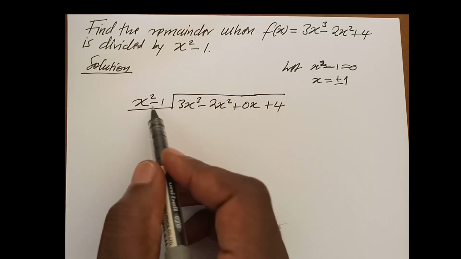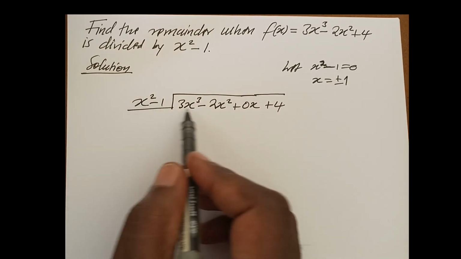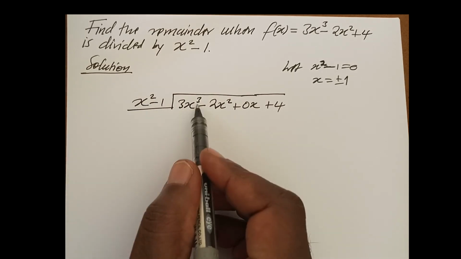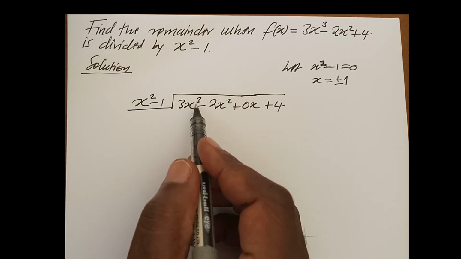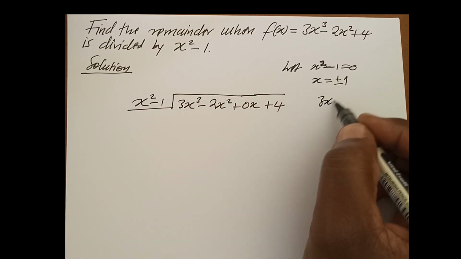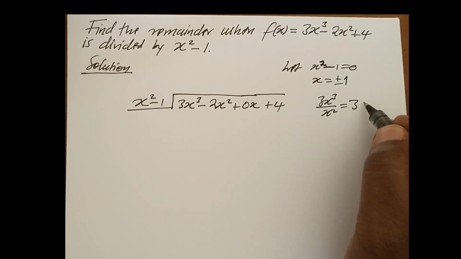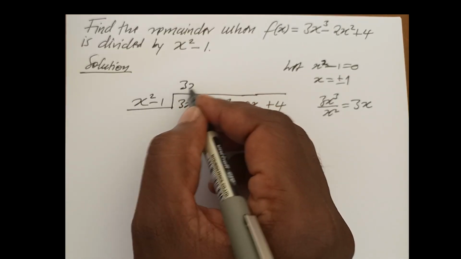Then you divide the leading term of the dividend by the leading term of the divisor. So 3x cubed over x squared is going to give you 3x to the power 1. So you write 3x there.